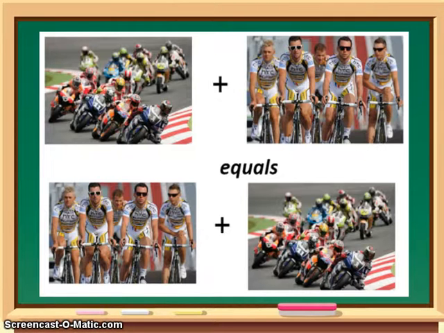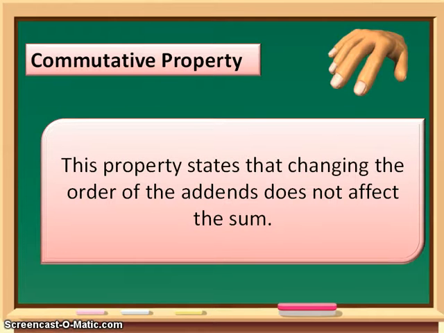Now let's have this another illustration. The motorist plus the cyclist is equal to the cyclist plus the motorist. That illustration is represented by the commutative property.